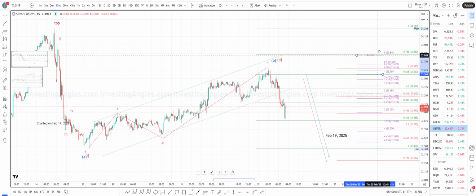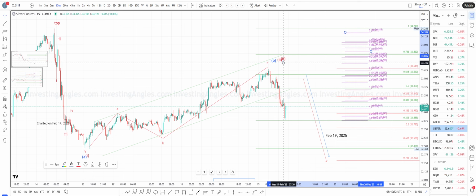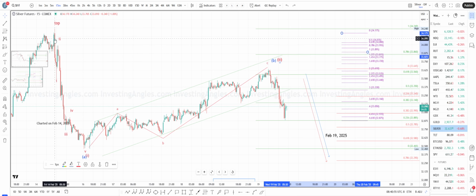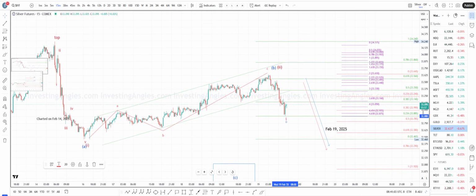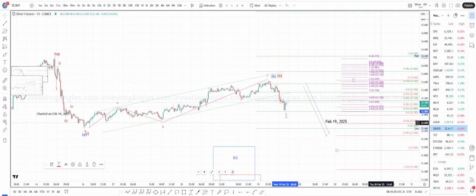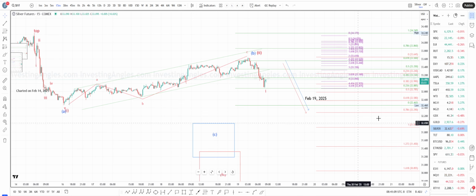And now I think we can say that this is potentially wave 1 of a bigger impulse, because if we consider the bigger structure, let me move it like here. For the bigger structure, there's something that we discussed a couple of days ago.